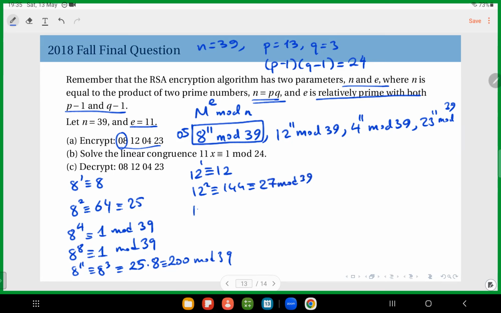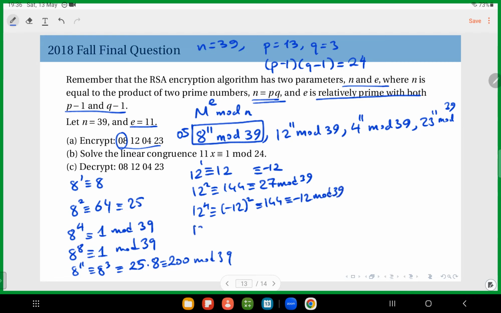Well, to find 12 to the power 4, you can either square 27, or the easier way is to recognize that 27 under modulo 39 is equivalent to minus 12 modulo 39. So the square of 27 would be congruent to the square of minus 12, which is again 144, which is congruent to itself under modulo 39.